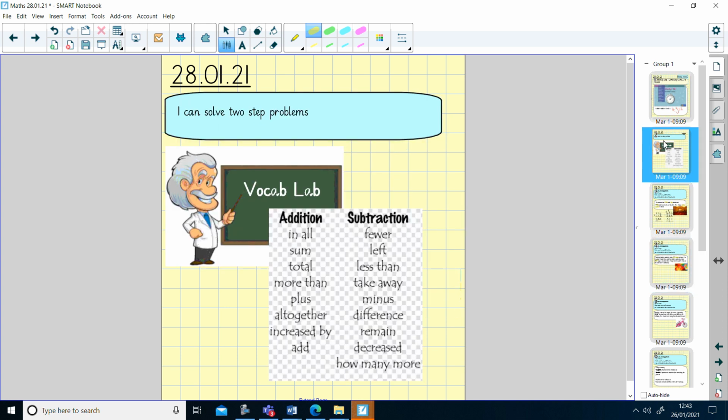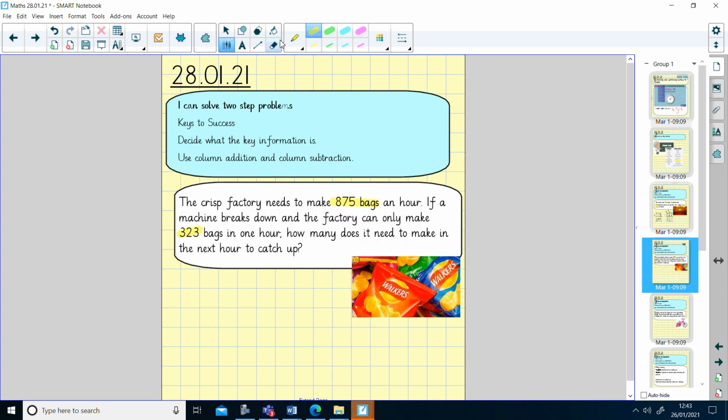Now, thinking back to my vocab, if I've got the word difference, I'm going to do some subtraction. So I'm going to start with my 875 because I know that the biggest number has to come first. So 875, and I'm going to subtract 323. And this will show me how many bags they missed out on making when the machine broke.